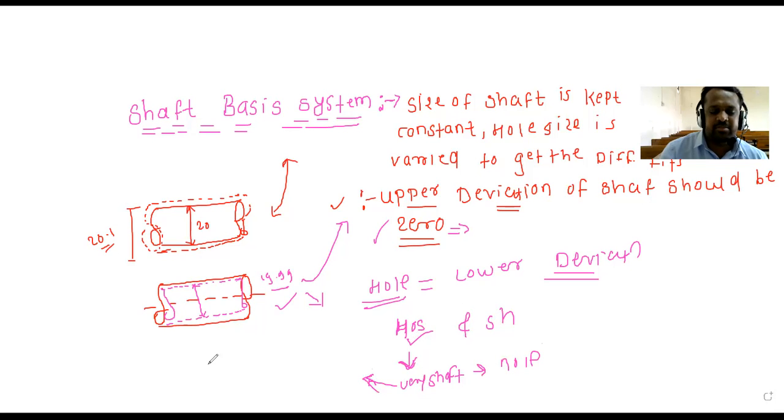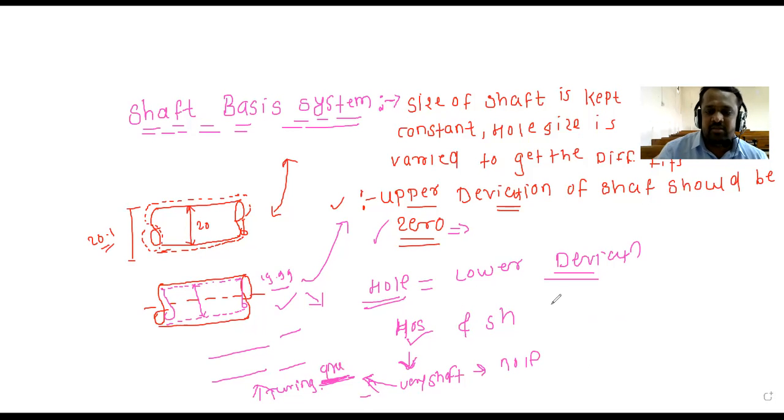To vary the size of the shaft, we have to manufacture the shaft slightly smaller or larger, which is simple, with the help of the turning process on the lathe machine, on the CNC machine, or with the help of the grinding process. We can easily vary the size of the shaft.